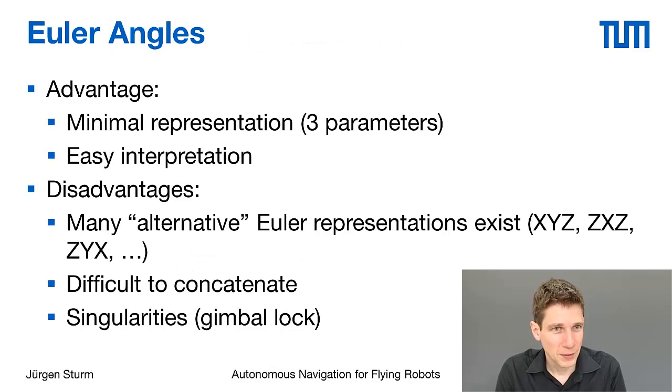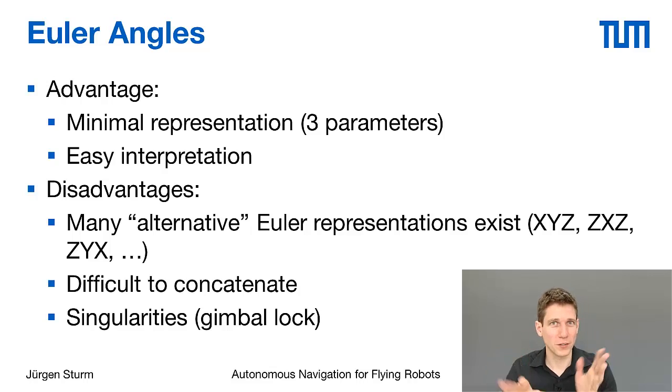The advantage of Euler angles clearly is that it's a minimal representation. You only have 3 parameters, and they have a very easy interpretation, especially when your angles are close to 0, because then you can just imagine in your head how the plane would be rotated or how far it is away from the resting position.